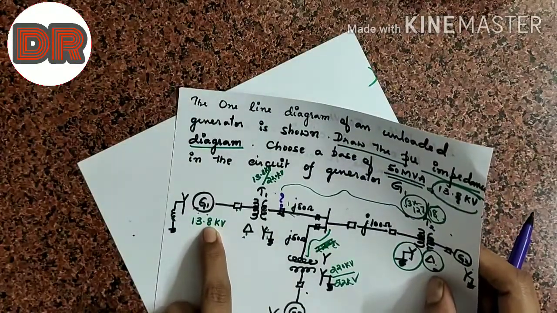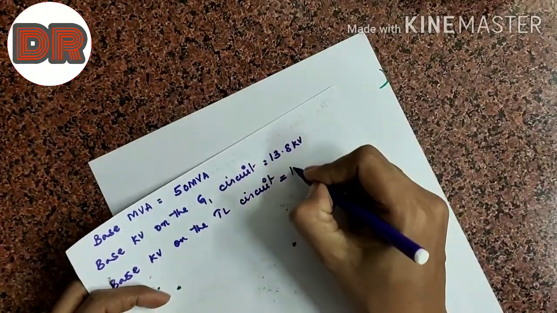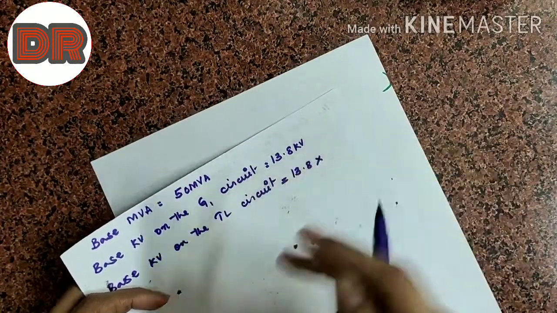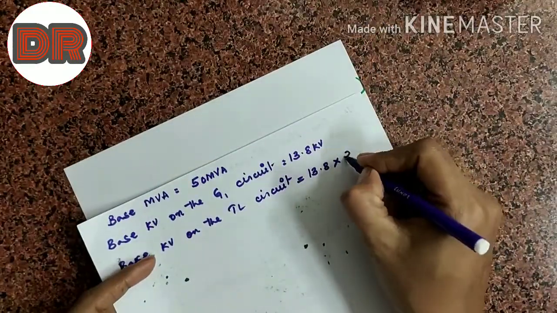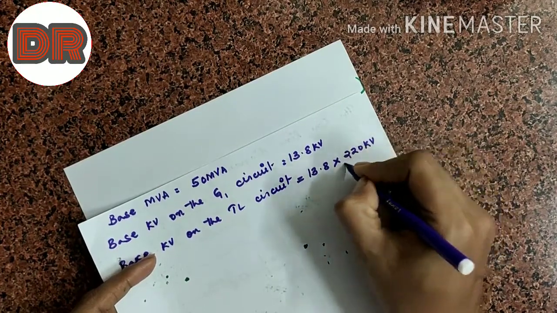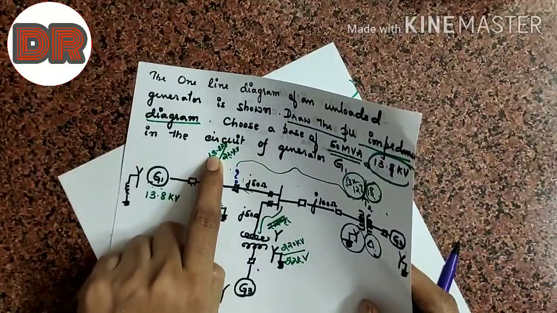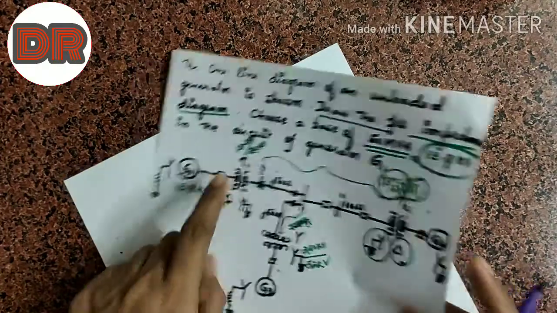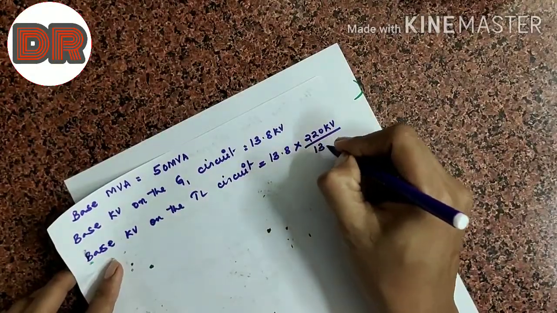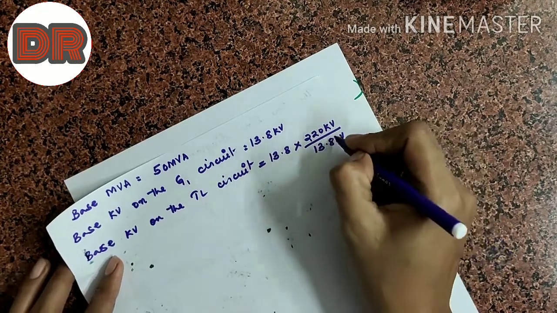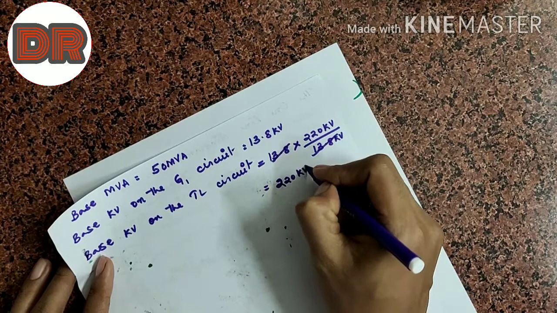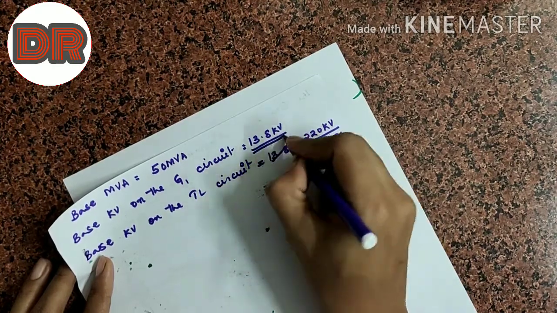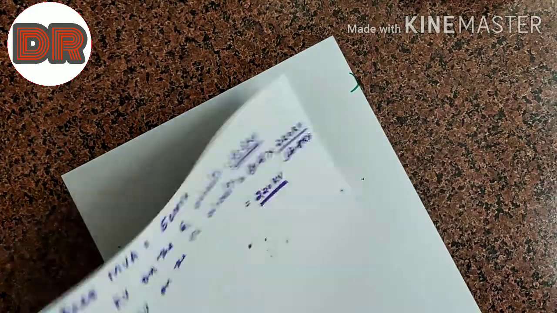The base kV will be equal to the low voltage base, that is 13.8 kV, into the HT rating of this transformer, that is 220 kV, divided by the LV rating of the transformer, 13.8 kV. So this gets cancelled, and the base voltage on the transmission line circuit is 220 kV.